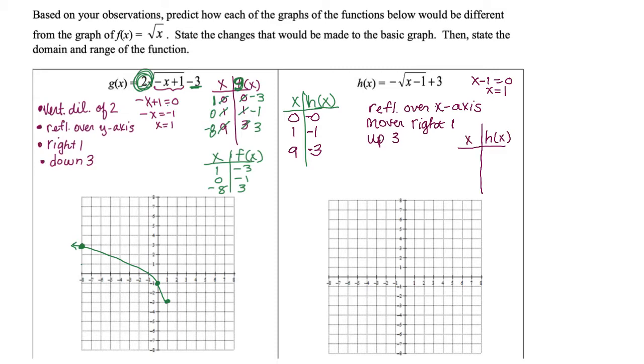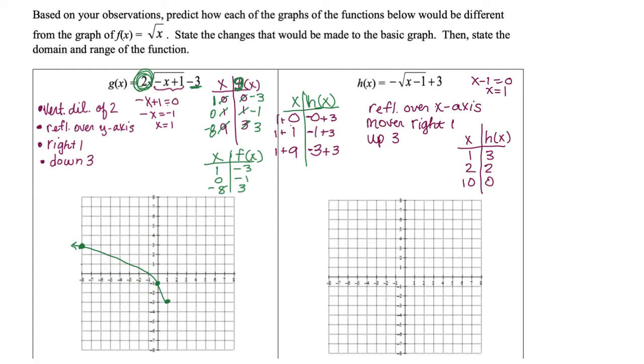And then we are going to move up 3, so we're adding 3 to all of these. And then moving right 1, so I'm adding 1 to all of those. Okay. And so let's put these together. My first point should be 1, 3. The next one should be 2, 2. And the last one should be 10, 0.